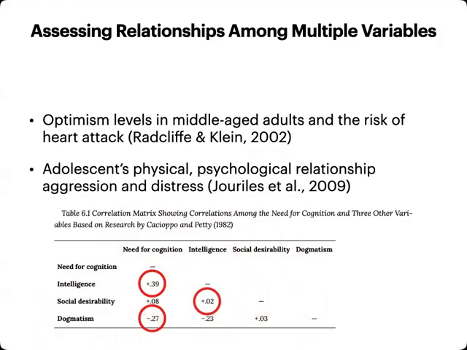The correlation between the need for cognition and dogmatism was negative 0.27. And the correlation between intelligence and socially desirable responding was positive 0.02, and so on. In this case, the overall pattern of correlations was consistent with the researchers' ideas about how scores on the need for cognition should be related to these other constructs.